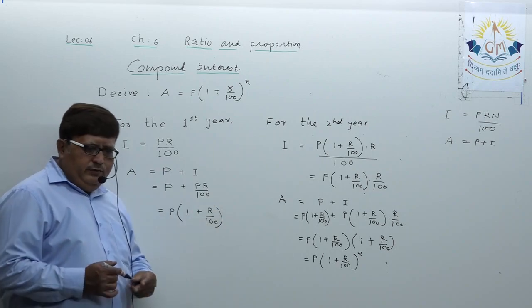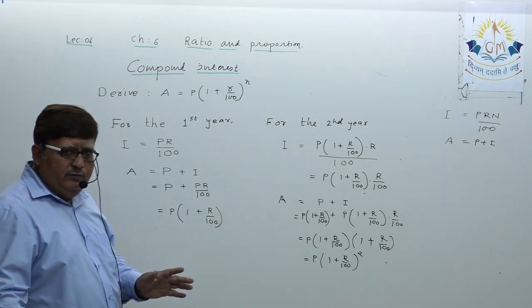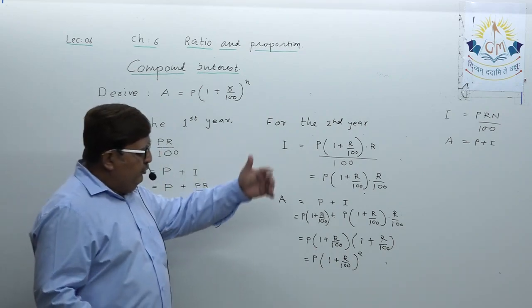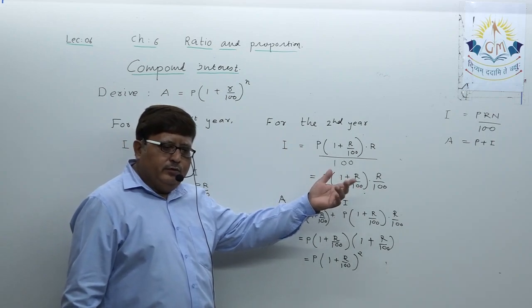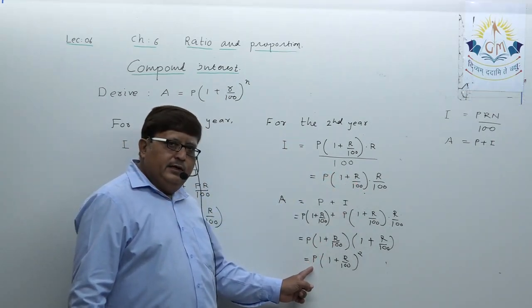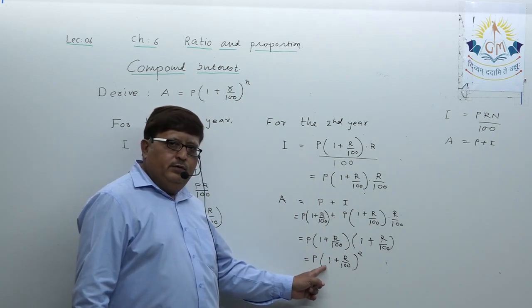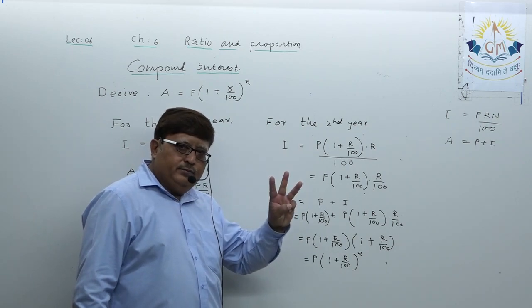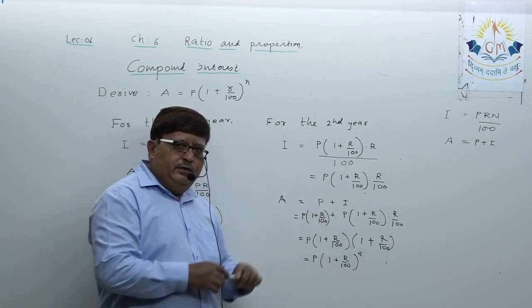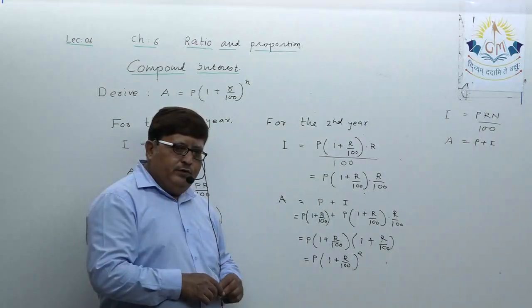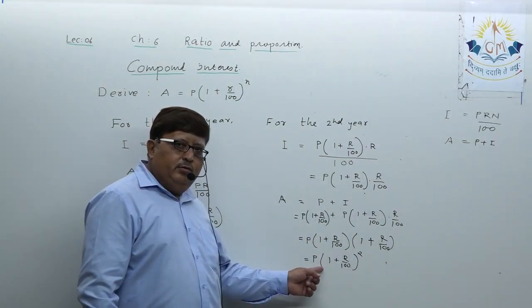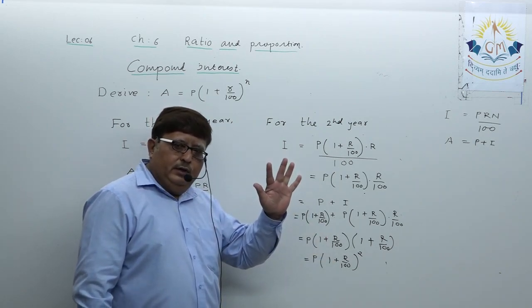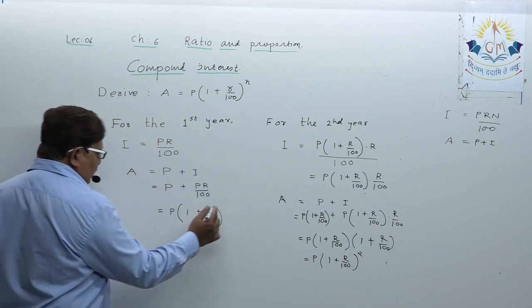This you need to do only in two stages. First make it, because in the third stage if you go for the third year, what you will get? P into 1 plus R upon 100 raised to 3. If you continue in the same way in the fourth year, you will get P into bracket 1 plus R upon 100 raised to 4. Understand? Here no power, so I can say 1.